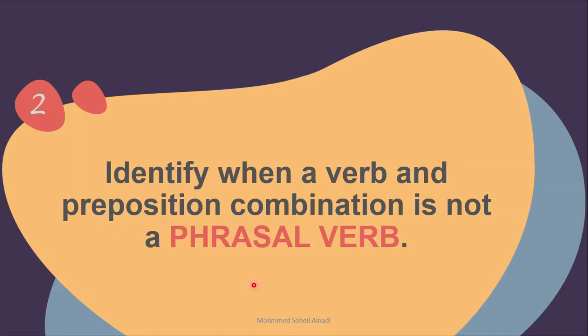Went out is just a verb and preposition. That literally means that you exited the room. However, in I went out with him, went out means that you went on a date. This is a phrasal verb because went out doesn't literally mean you exited a place. Okay?